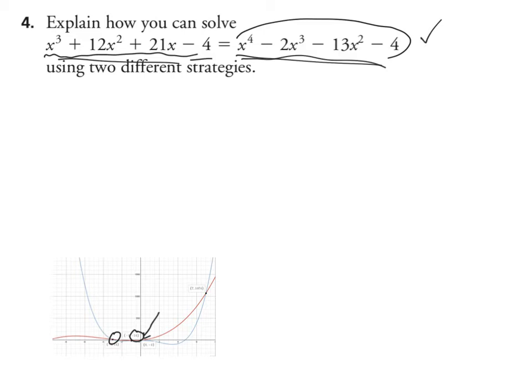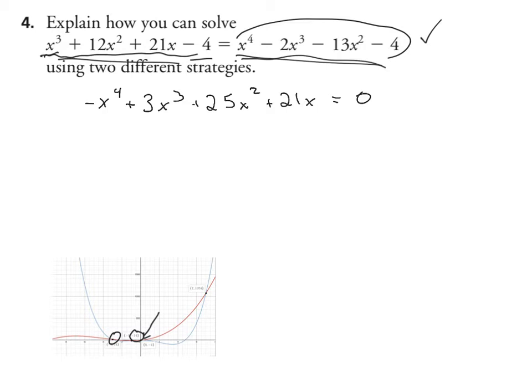So you're going to have negative x to the power of 4 plus 3x cubed. You got 12x squared plus another 13, so plus 25x squared, plus 21x, minus 4 plus 4 is just 0, so it equals 0.